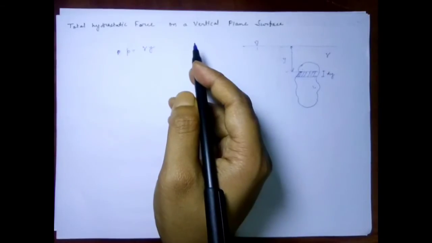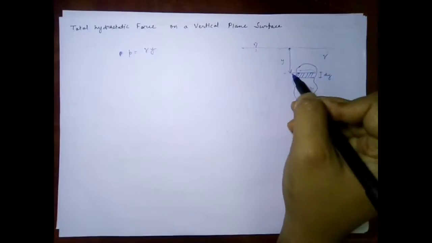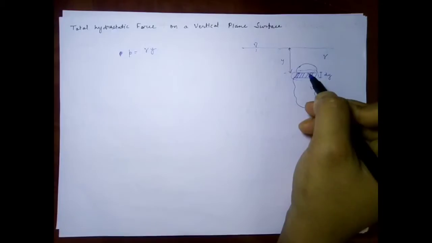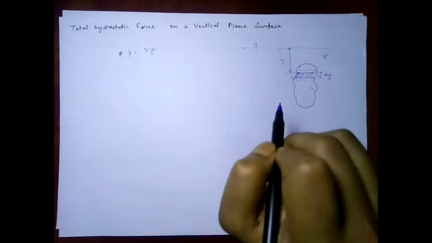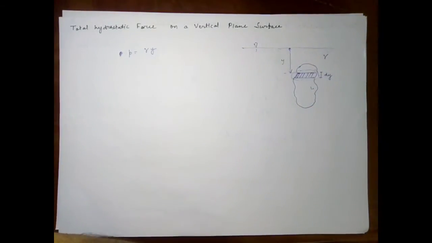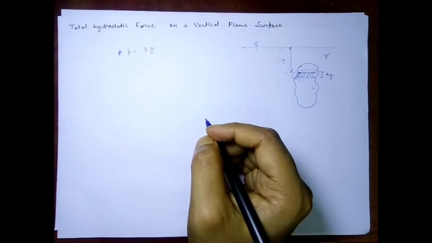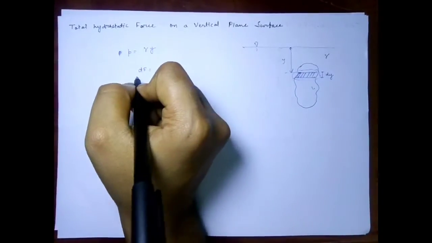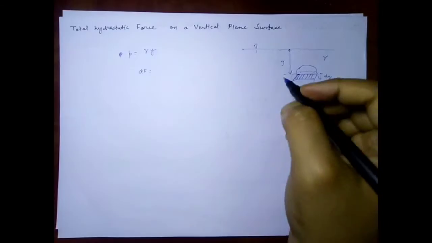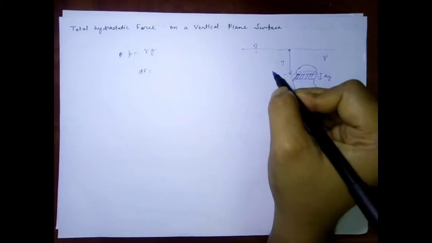So the pressure exerted on this small strip is p equal to gamma y. Next, dF will be the small amount of force acting on it.